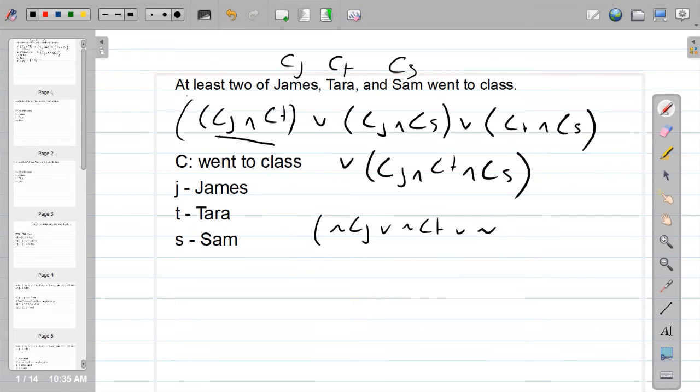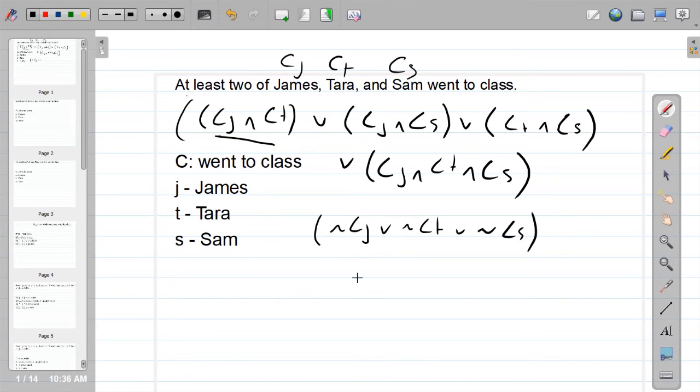That's a tempting way of putting this, but it's not equivalent to at least two. Because this sentence is perfectly compatible with all three of them not going to class. This sentence could be true in the case where James, Tara, and Sam don't go to class.